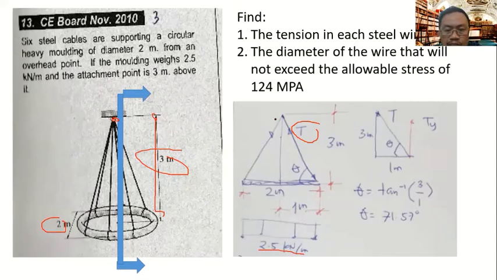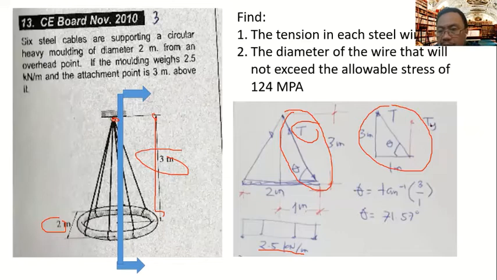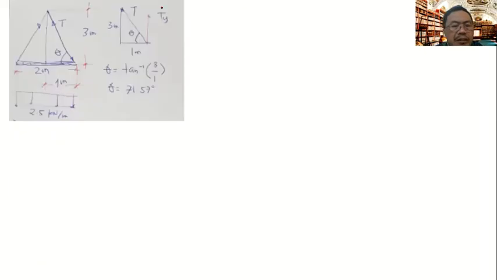If we are going to separate this part, you have this triangular figure. T, and then theta, which is just equal to 3 over 1. By tangent, we can get that angle as 71.57 degrees. So we can sum forces vertical later.